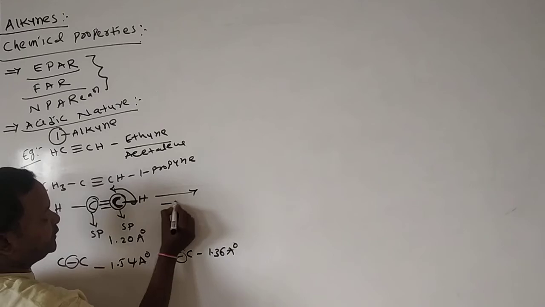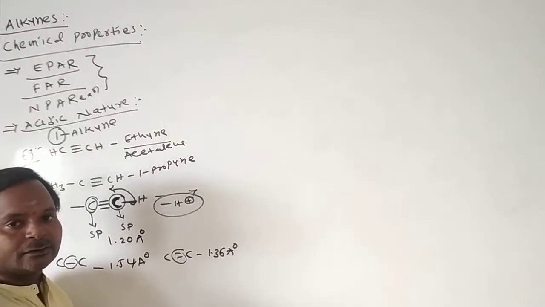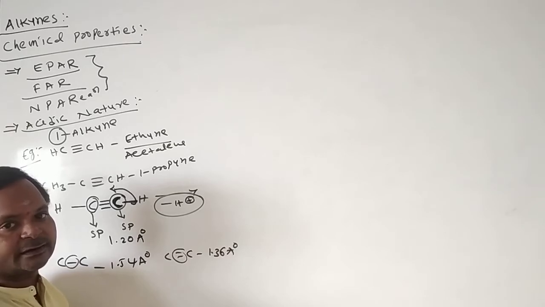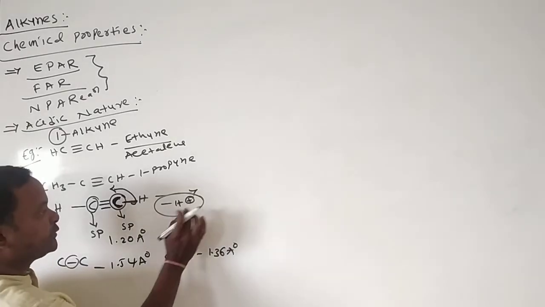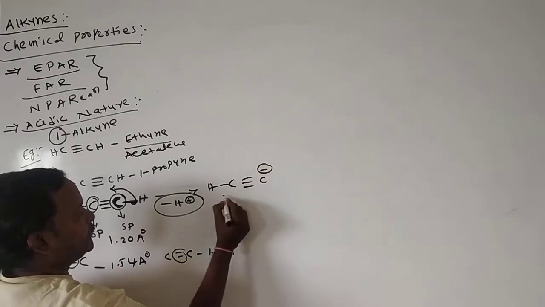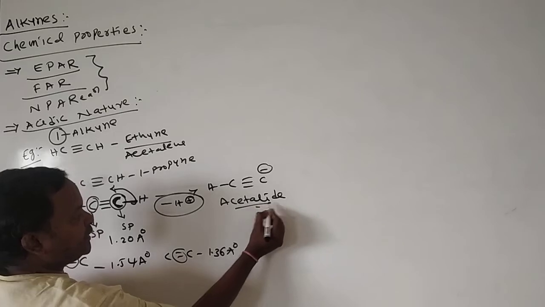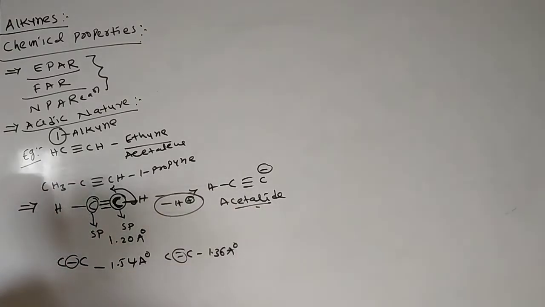Then it loses hydrogen in the form of H plus ion. Before, I said that a molecule which loses H plus ion we consider an acid. It loses the H plus ion and forms the acetylide ion. Due to these reasons, 1-alkynes exhibit the acidic nature.